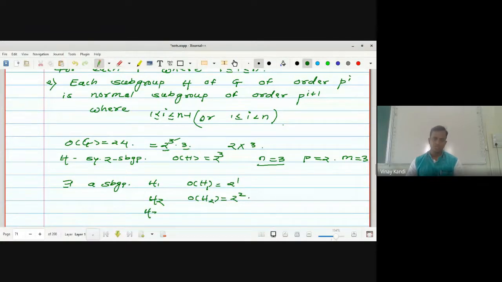There exists a subgroup H3 of order 2 cube. Is this also possible, with i running from 1 to n minus 1, that is 2? So two statements will come, this one will not. Here there exists subgroups H1 and H2. These are the subgroups of G of order 2 and 4.